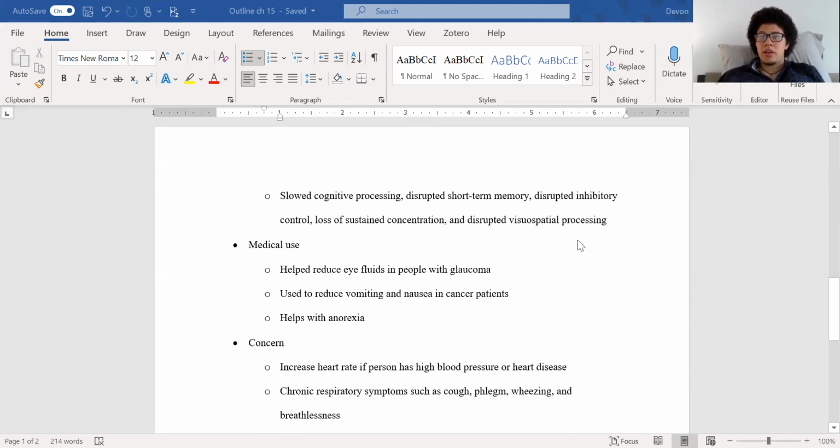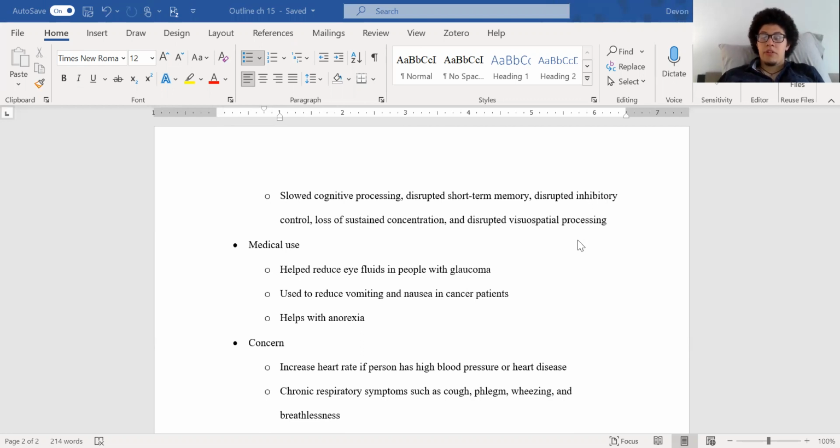And the medical use, it can also be used to help reduce eye fluids with people who have glaucoma, and it's also been used to help reduce vomiting and nausea for people undergoing cancer treatments, because lots of the cancer treatments produce nausea and vomiting, and it actually works better than the other stuff that they would be giving people for nausea.